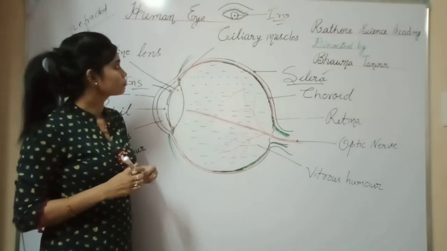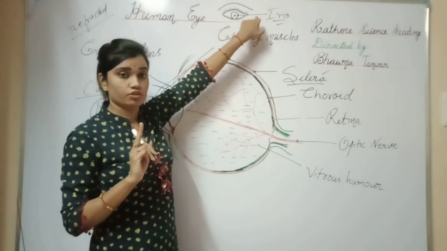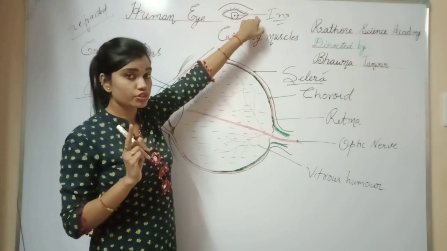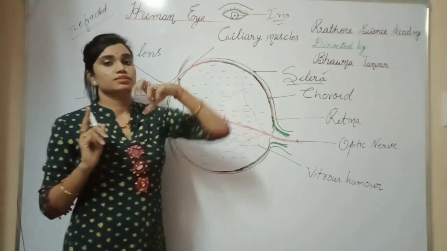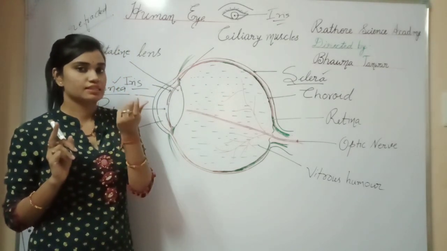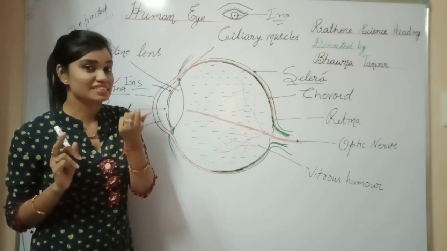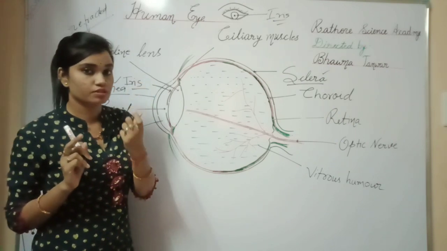And now see, the iris has one more function. What is the second function of the iris? To control or regulate the dilation, or maintain the size of the pupil.